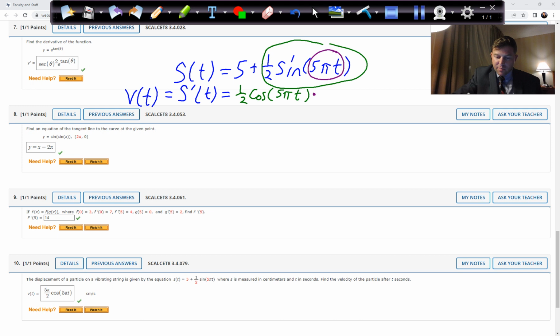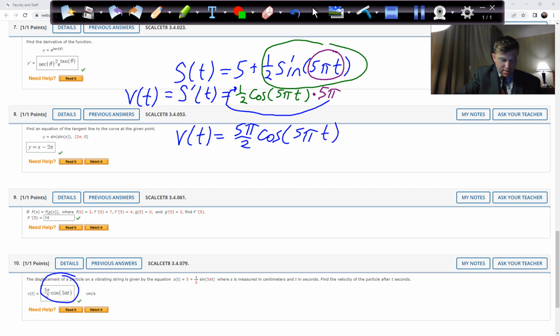The derivative of 5 pi t is 5 pi. So we get the velocity of this particle is 5 pi over 2 cosine of 5 pi t, where you can just bring the 5 pi into the 1/2. And that looks the same. So that will conclude Chapter 3, Section 4.